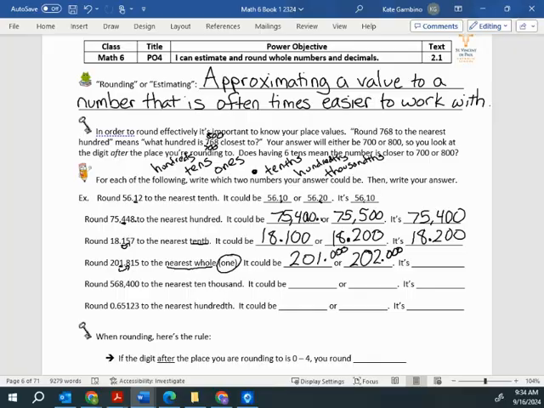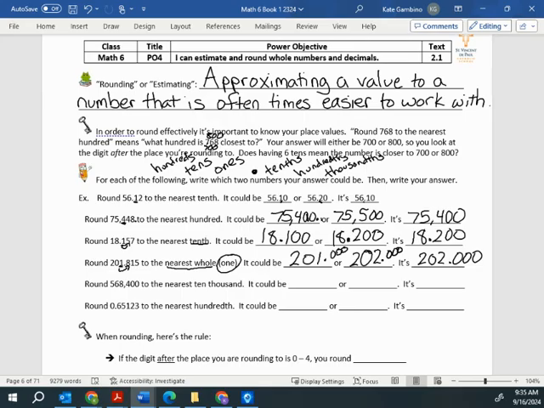Am I going to keep it a 1 or am I going to round up to a 2? What do you think, Lexi? I'm going to round up to a 2. 5 or more. Up I go. So it's going to be 202. You can either just put 202 or you could put the .000. Same. Any questions on that rounding?